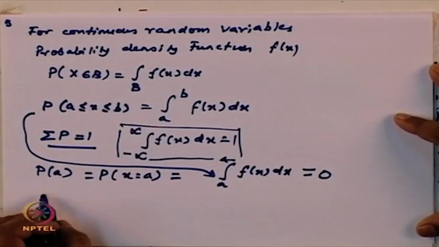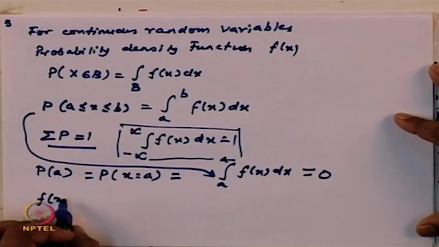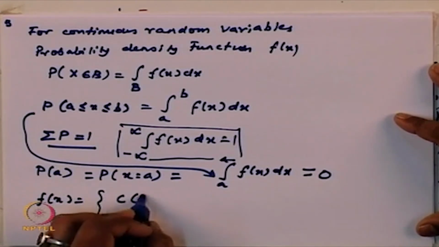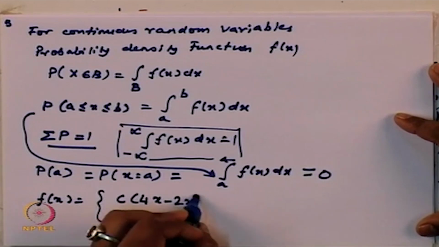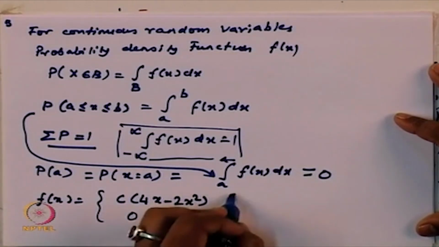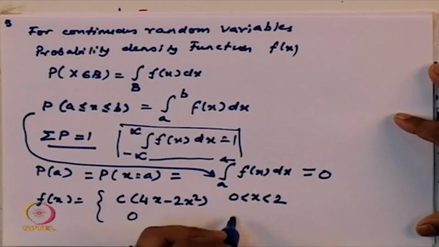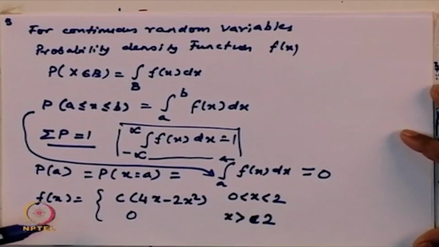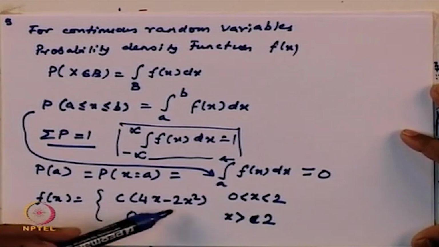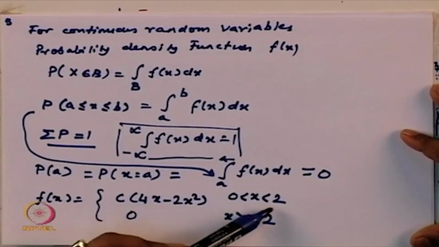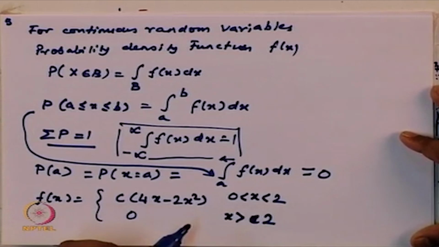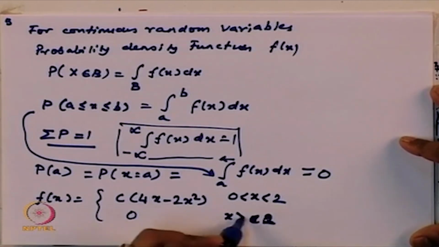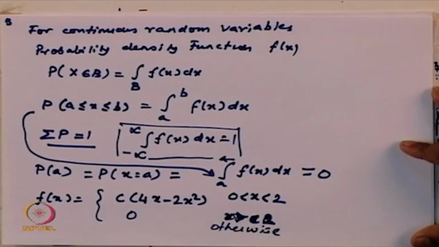So, let us assume you are given a probability density function f x defined as follows: f x is c times 4x minus 2x square for 0 less than x less than 2, and it is 0 otherwise. We can say 0 otherwise, because x can have both positive and negative values.